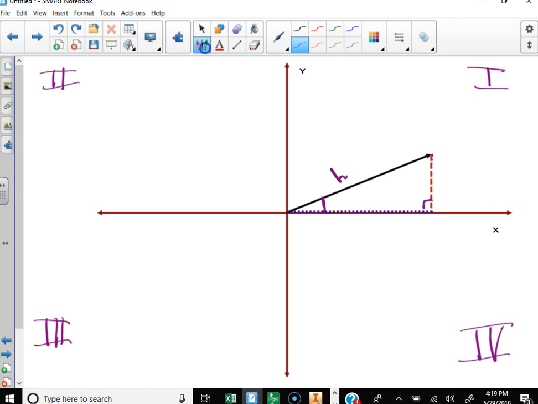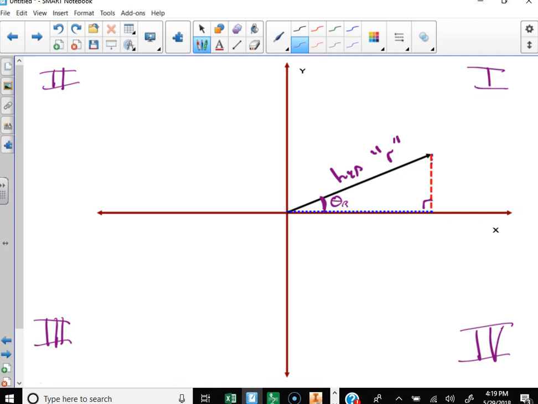This is obviously your hypotenuse. Sometimes when we use it in a coordinate system, it goes by the letter R. This is our angle and our reference angle. The reference angle would have a little R next to it like that, but in this case, the reference angle and the angle are the same.